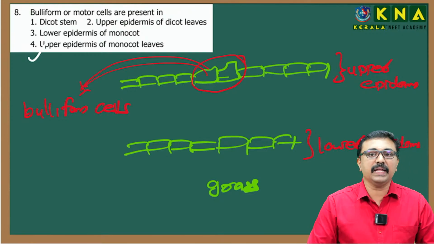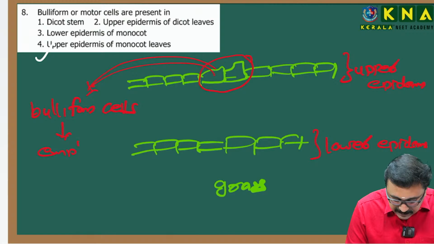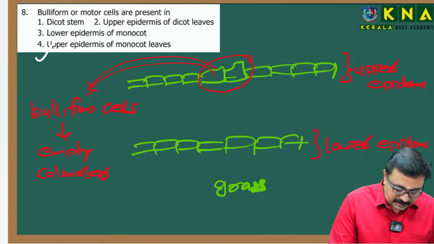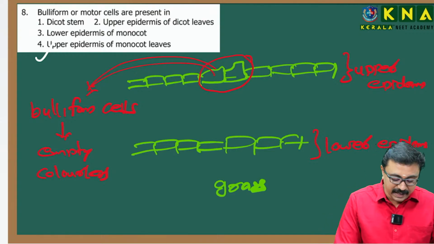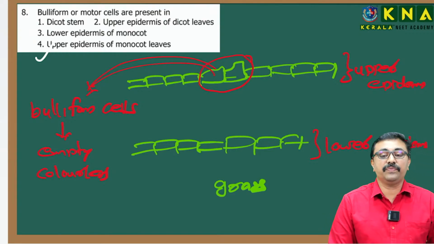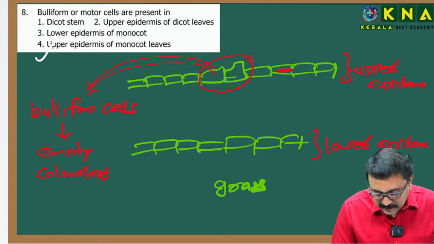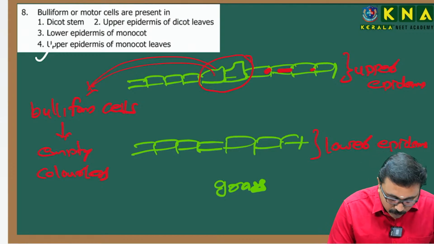The important thing about these bulliform cells is that they are empty and colorless, and they are distinct from the other upper epidermis cells. Clear? And now the function of these bulliform cells.